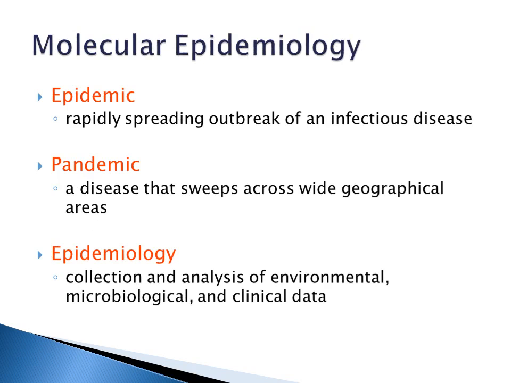Some terms that are commonly used for epidemiology. We have an epidemic, which is a rapidly spreading outbreak of an infectious disease. A pandemic is a disease that sweeps across a wide geographical area, and epidemiology is a collection and analysis of environmental, microbiological, and clinical data.